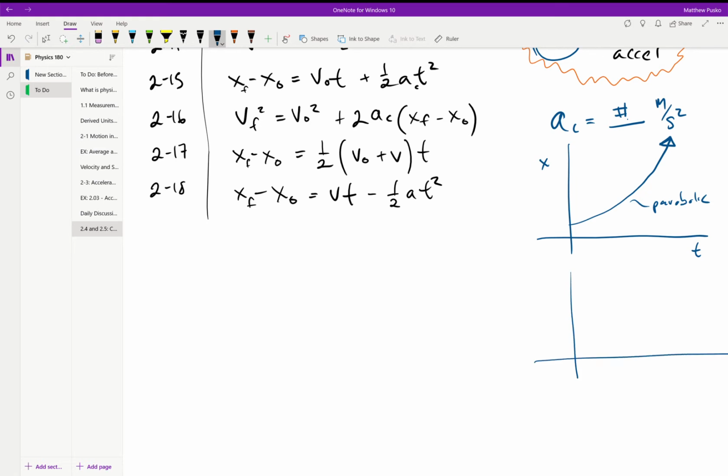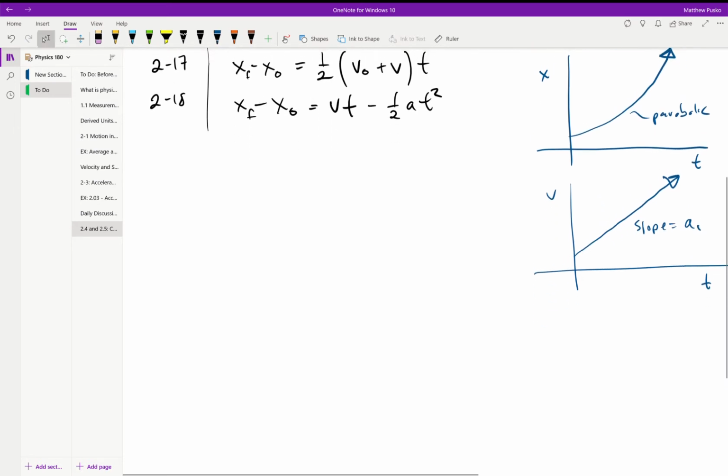And we can go to velocity versus time, where a constant acceleration produces a straight slope or a straight line on the velocity versus time graph. That slope is equal to the constant acceleration.